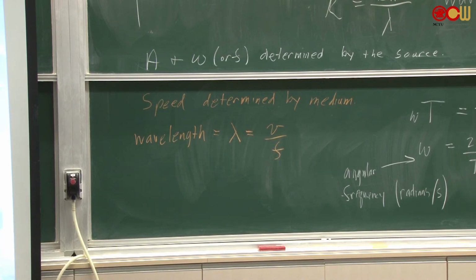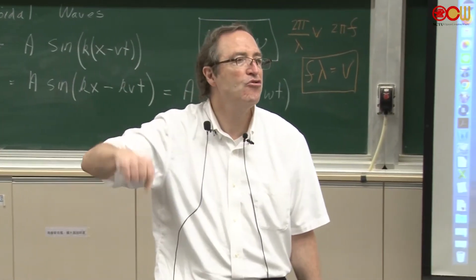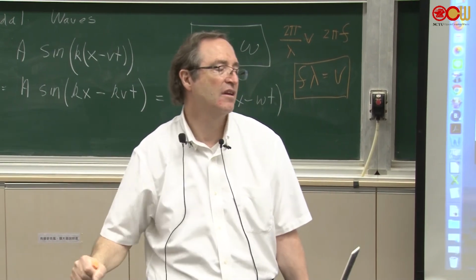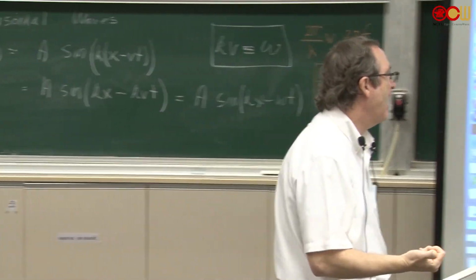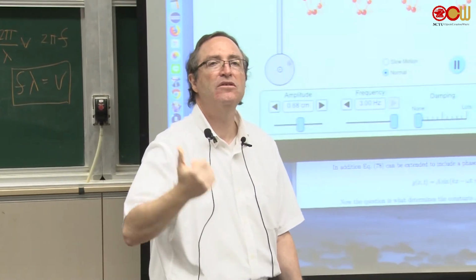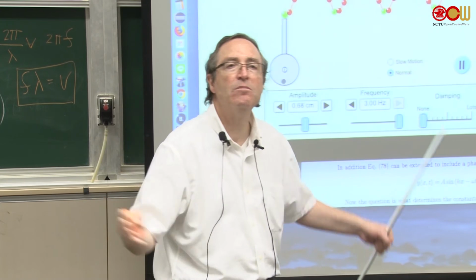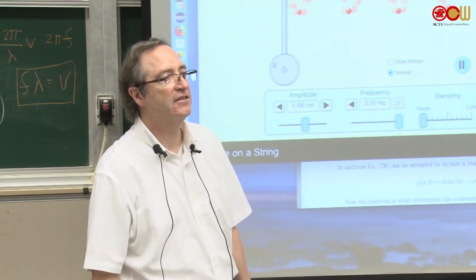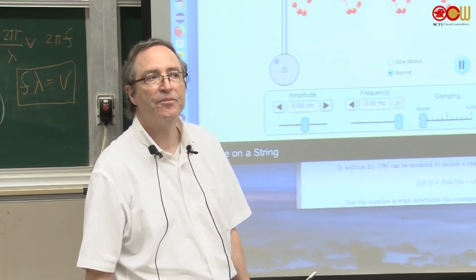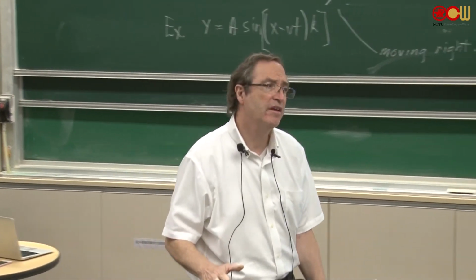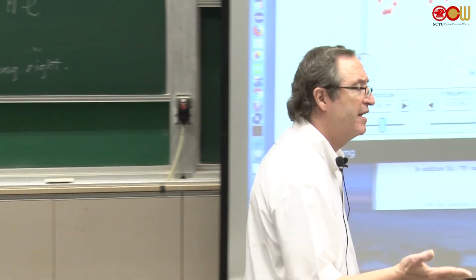That's it. So how you set up the wave, how you oscillate, how you do it, that determines everything. It determines the amplitude and the frequency. And then the medium determines the velocity, the speed of the wave. Okay? I'm not going to derive these formulas. Some of them are derived in the textbook.